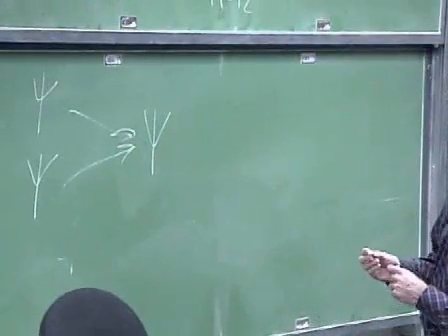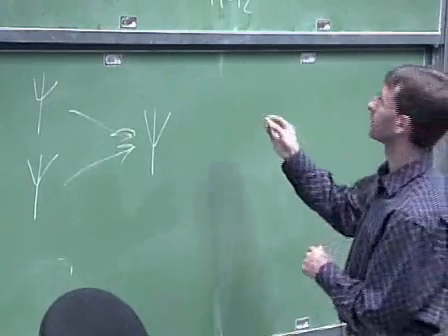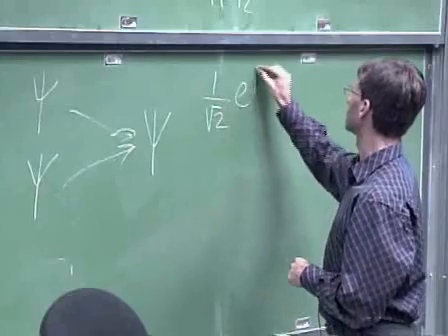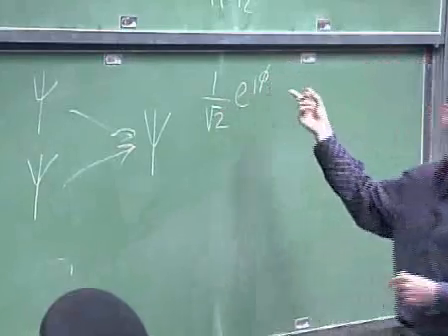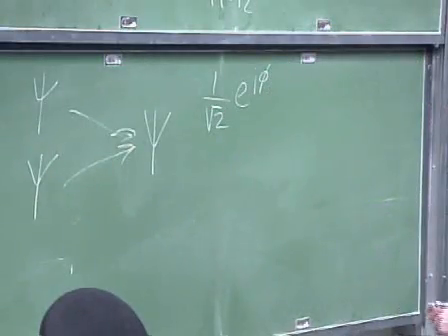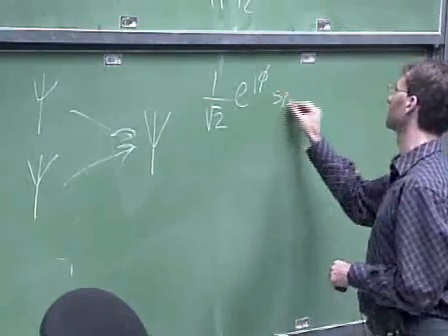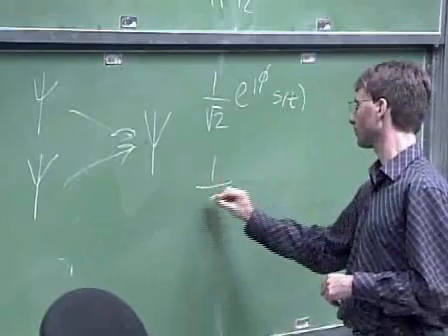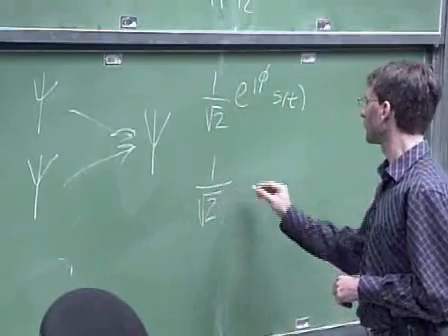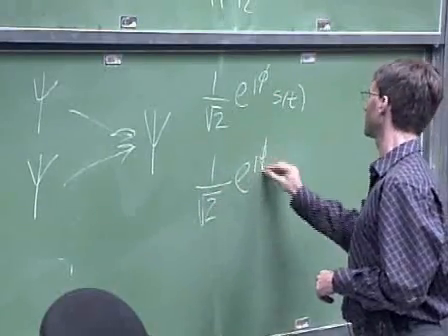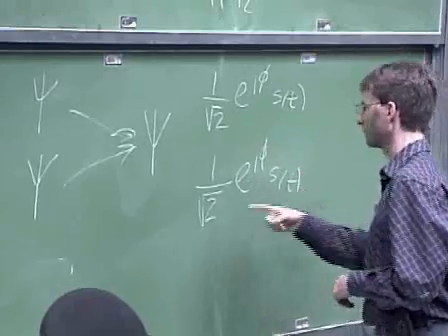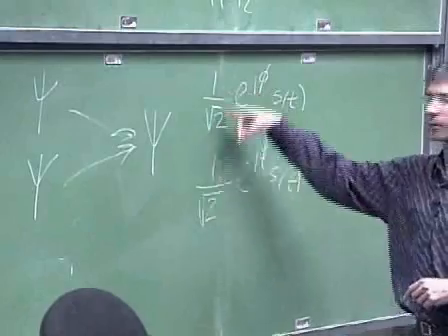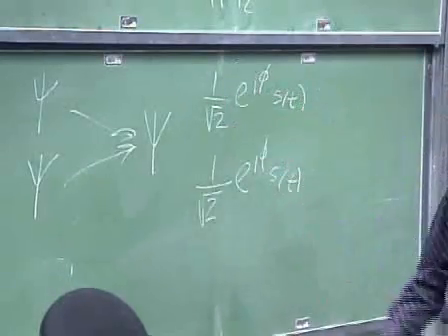So the first antenna sends 1 over square root of 2 times e to the j phi, which is some fixed phase, times s of t. Okay. The second antenna sends 1 over square root of 2 times e to the j phi times s of t. Same thing. If you square these and add them up, you get 1, so the power is preserved.